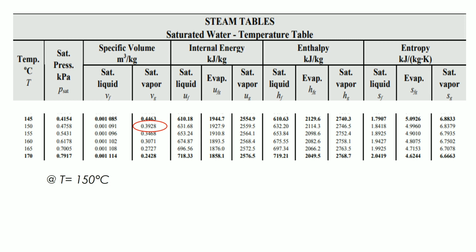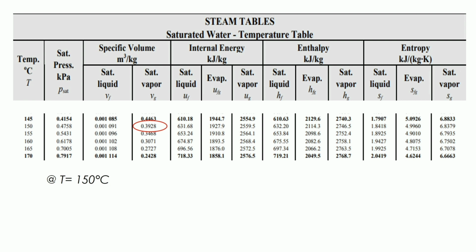In the steam table, knowing that the temperature added into the water is 150 degrees Celsius, we need to find that temperature in our steam table for us to find the saturated vapor. Here we can see the red encircled 0.3928.